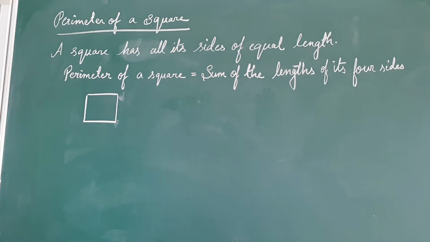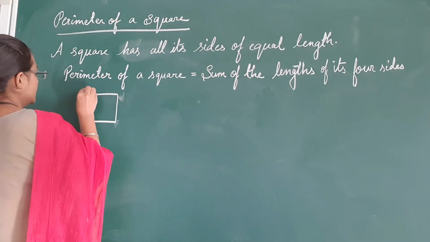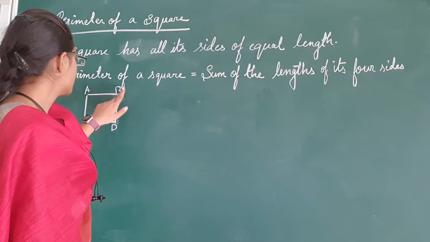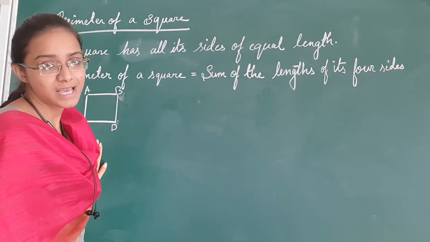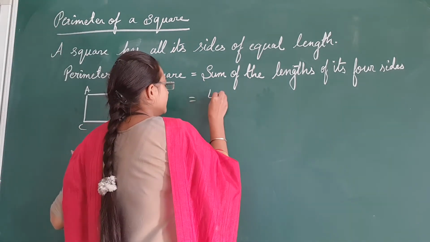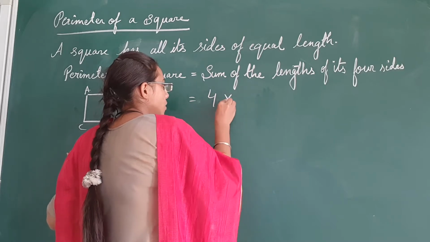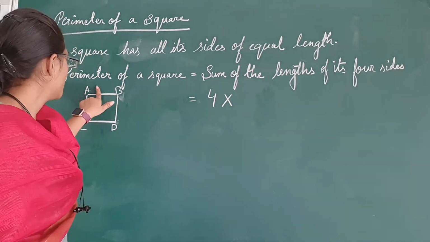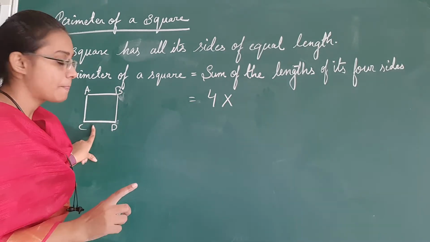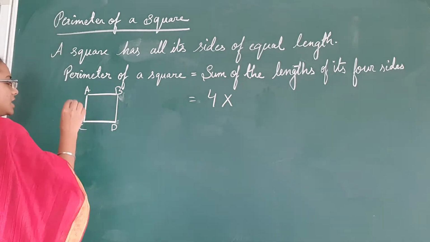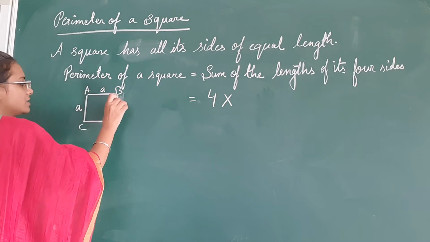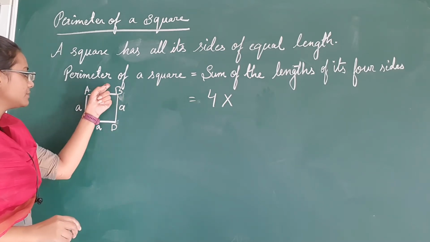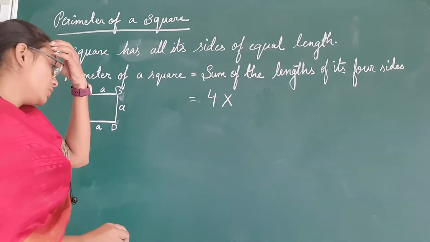Here A, B, C and D. All sides are equal, and how many sides does it have? It has 4 sides, and all these 4 sides are equal. That's why we take 4 times whatever it is. If we take it as A, this will also be A, this will also be A, and this will also be A. So that means 4 times A. Yes or no?